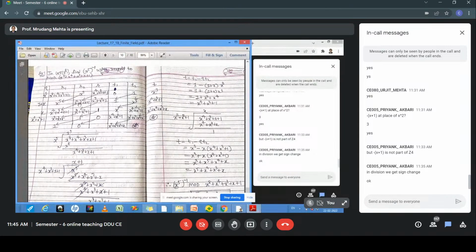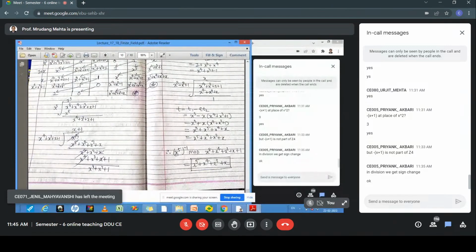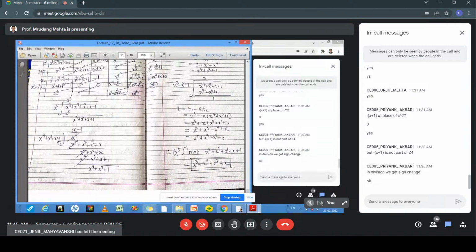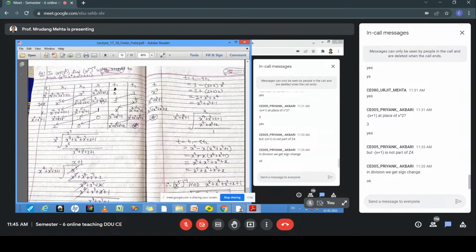So what we get here is x4 plus x3 plus x plus 1, and x5 comes over here. When we do this operation, x raised to 5 divided by x4 plus x3 plus x plus 1, we multiplied it with x plus 1, we get x cube plus x square plus 1. So that we write over here, right?